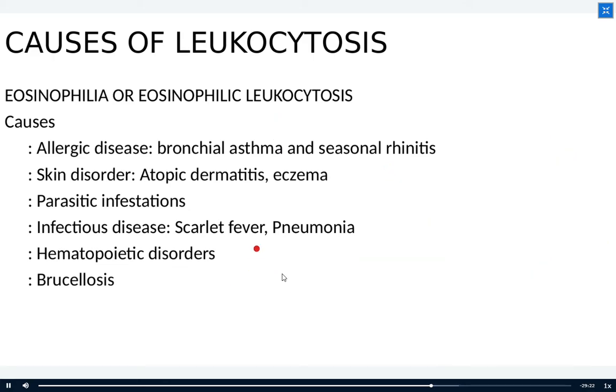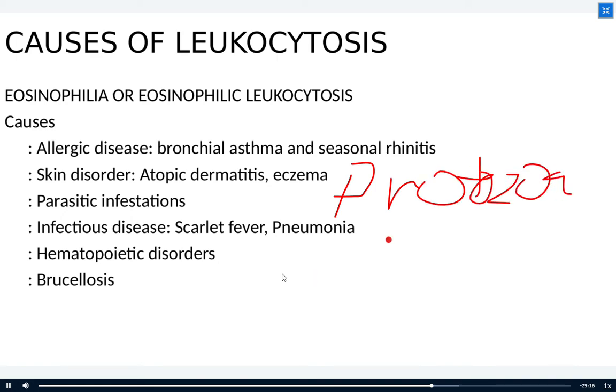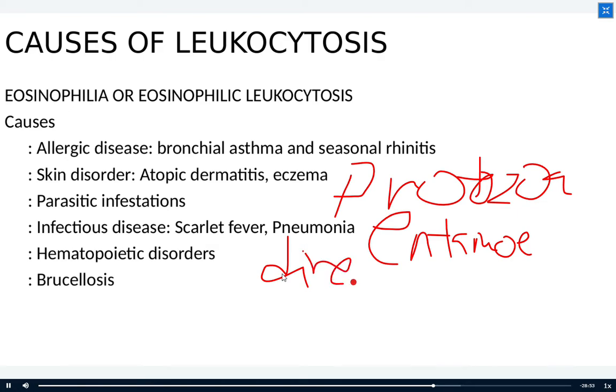Okay, what we call the protozoa with a progressive motility. Progressive motility. Entamoeba with a progressive motility. No, it's not vaginalis. Directional progressive motility.